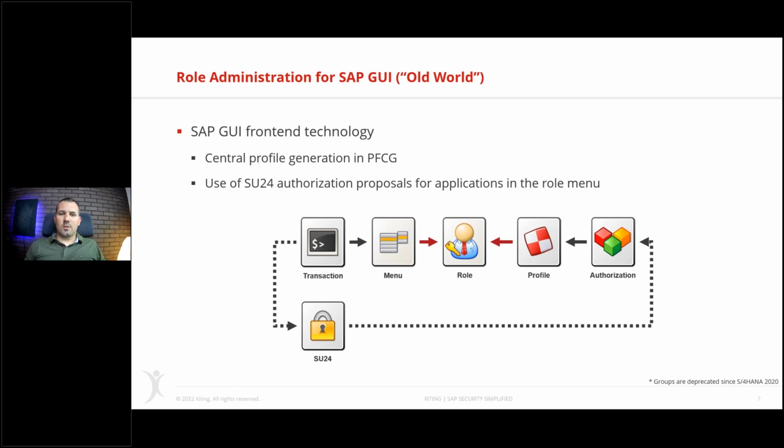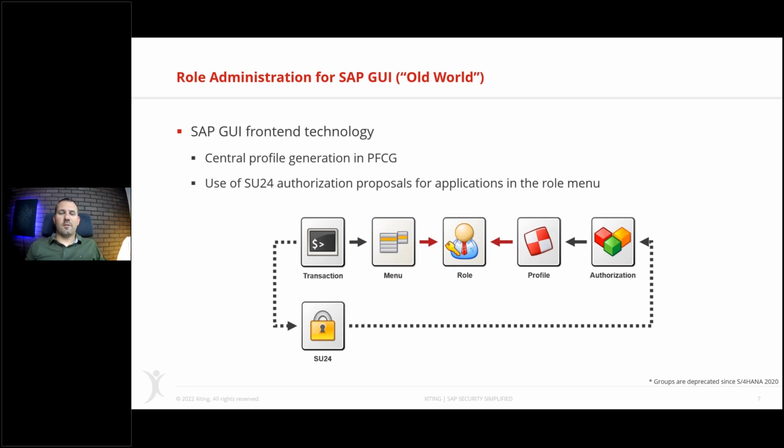From an authorizations perspective, what the user needed was obviously the authorization to a transaction code. The transaction code needed to be added to a role, whether that was through the role menu, which is the proper way of doing it, or whether it was even done manually in the authorization profile. Ultimately, the user just needed the S_TCODE authorization, plus some other authorizations for the transaction start and then the transaction execution itself.